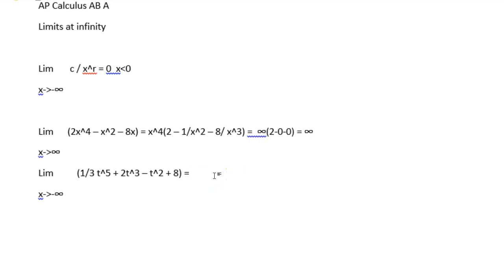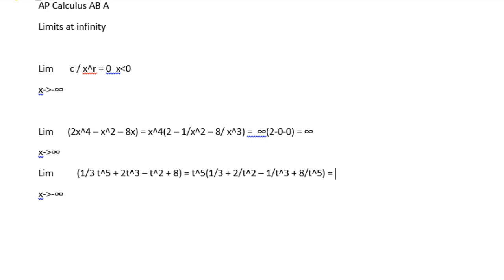So I'm going to have in front t to the 5th, parentheses, 1/3 plus 2 divided by t squared minus 1 over t to the 3rd plus 8 divided by t to the 5th.